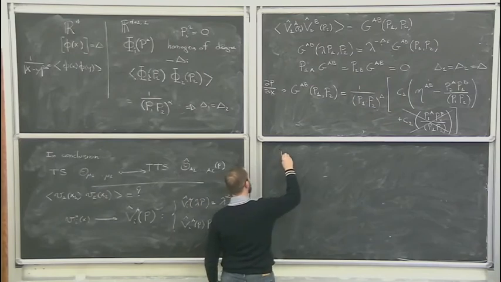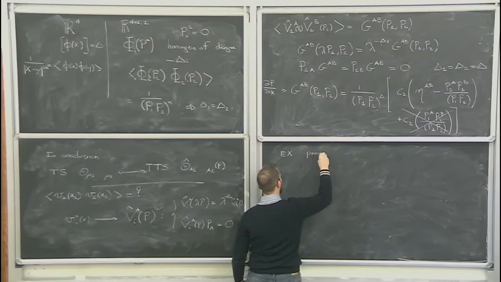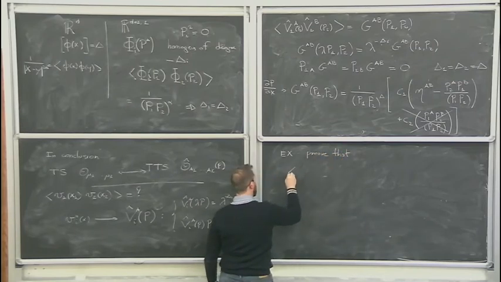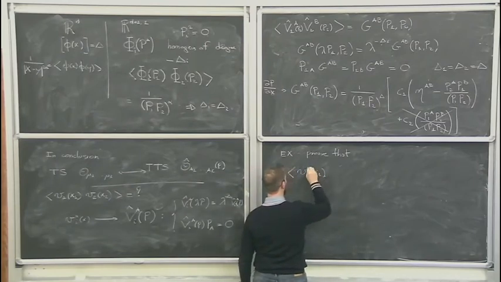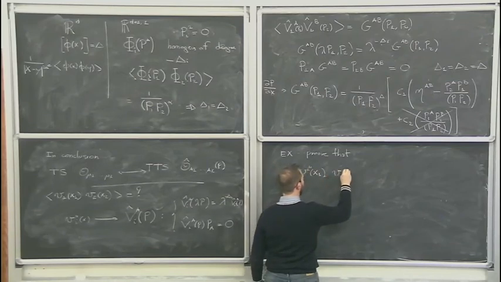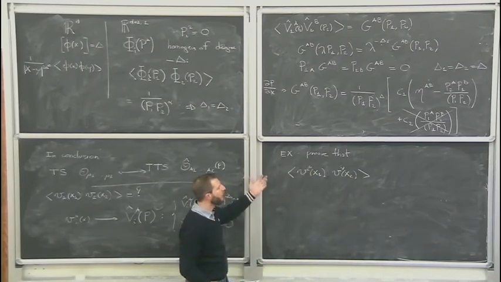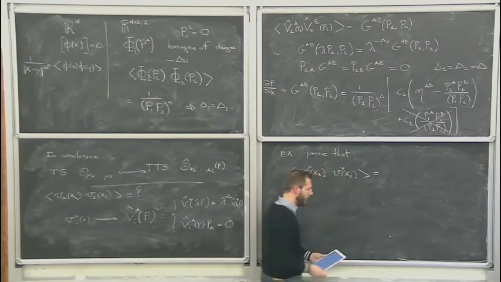Exercise: prove that the correlation function of v of x1, mu, and v of x2, nu. Now I'm taking the dimensions equal because they have the same dimension, and so I can always diagonalize in order to have this two-point function diagonal.